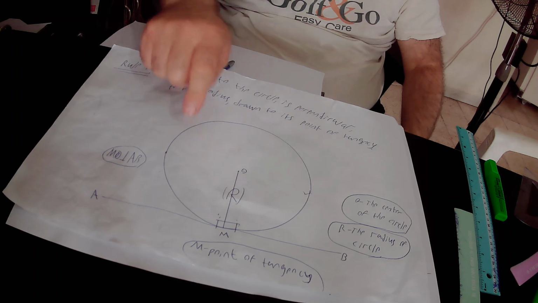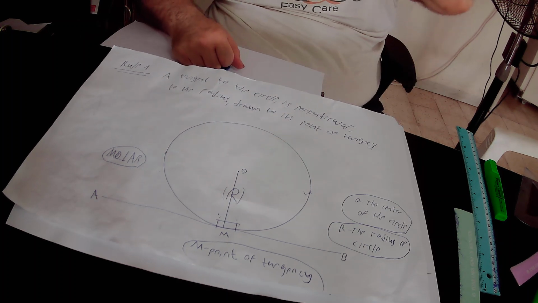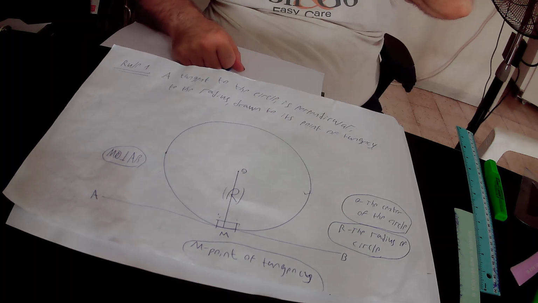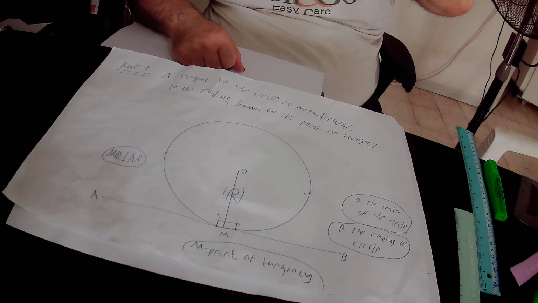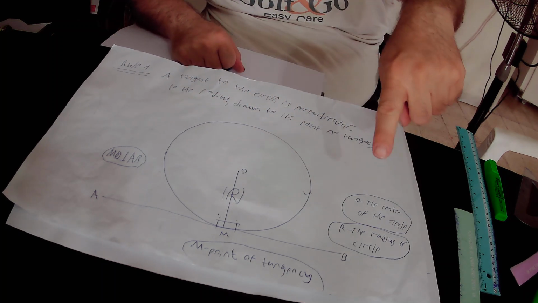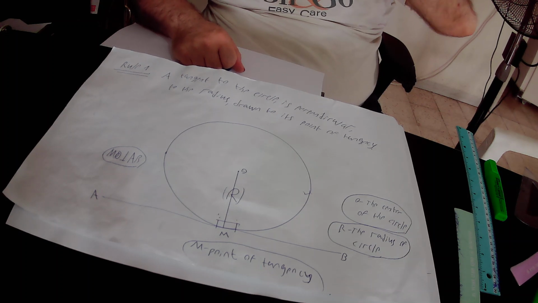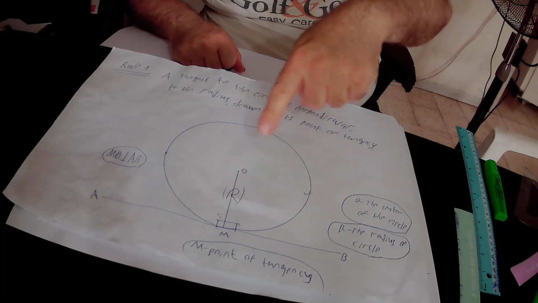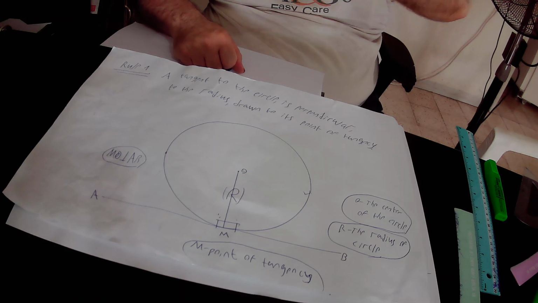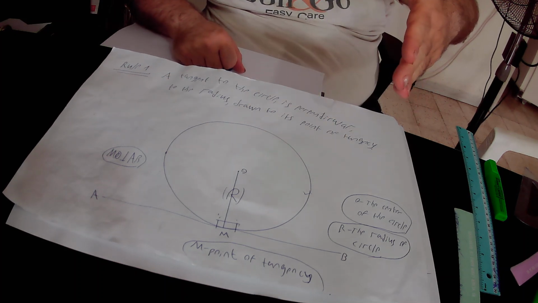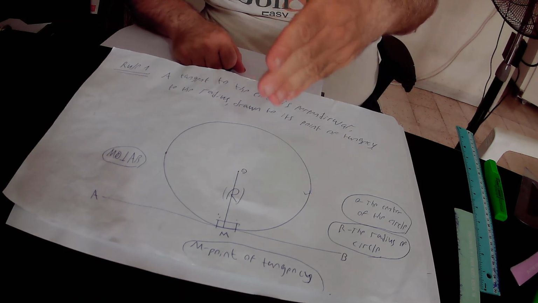We have here a circle, and the radius OM that is equal to R. According to rule 1, line segment AB is perpendicular to the radius MO. Or whenever you have a line segment that is perpendicular to the radius, like in this drawing, then that line segment AB is defined as a tangent to this circle.